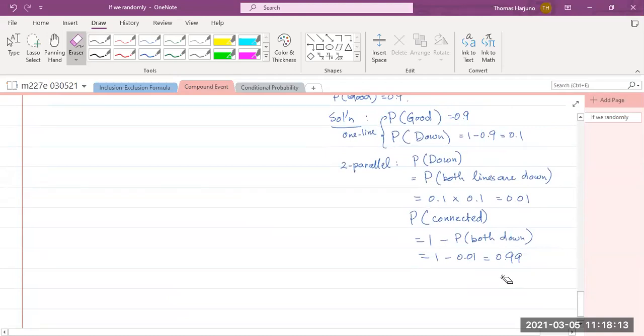I don't really want to do conditional probability right away, but I guess I already covered everything you need for your test one. So the material for your test one ends here.